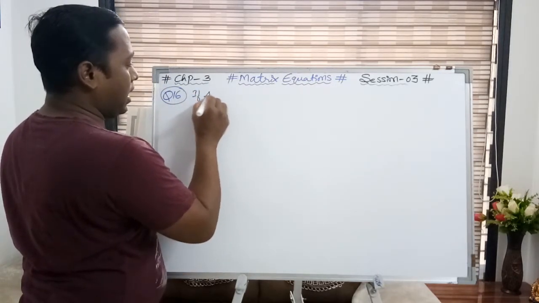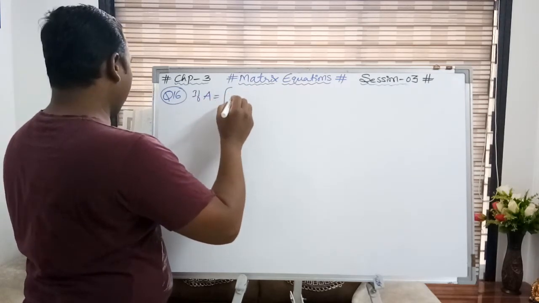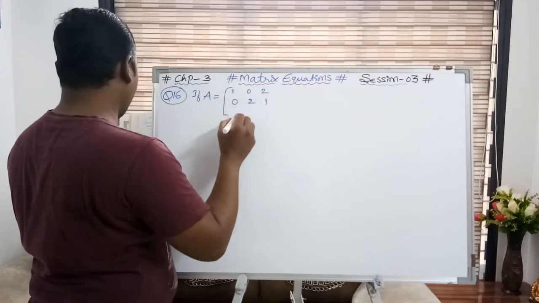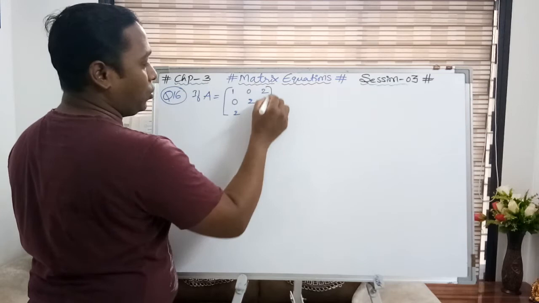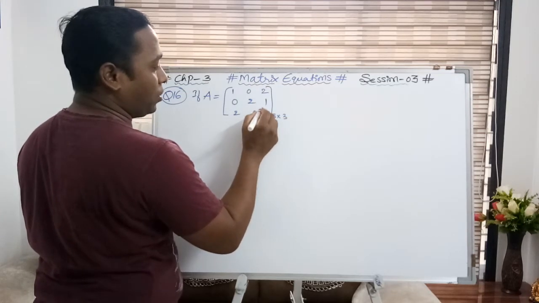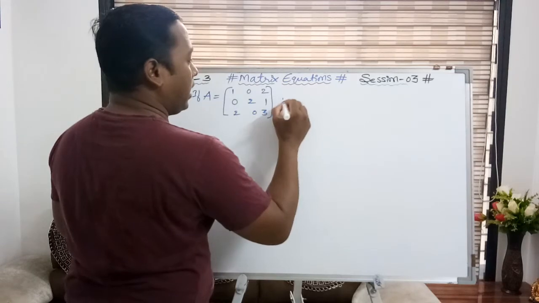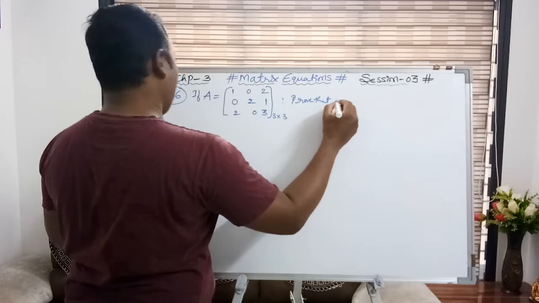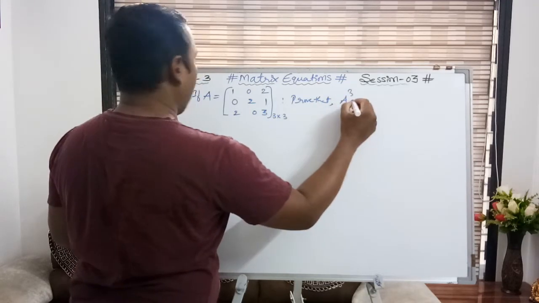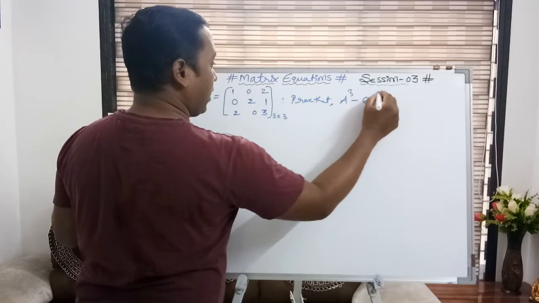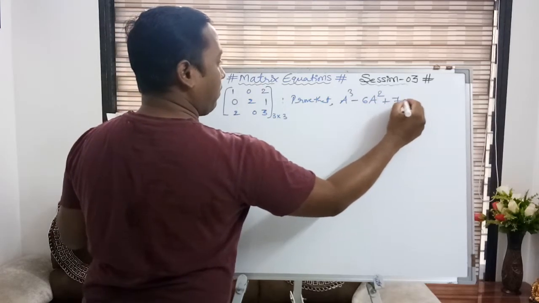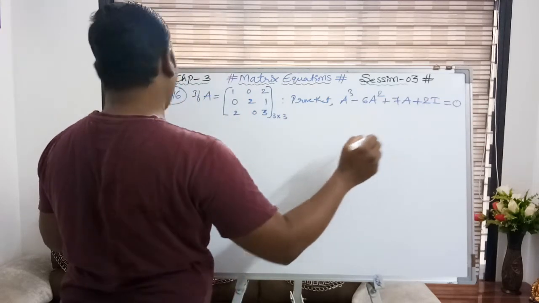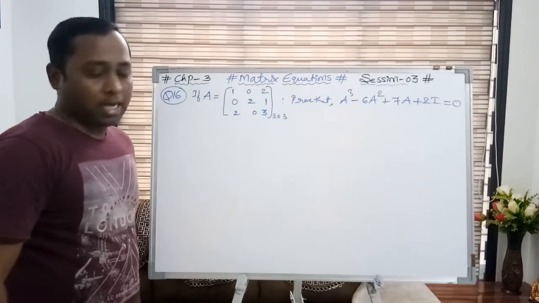If A is a square matrix defined as [1 0 2; 0 2 1; 2 0 3], which is a 3 by 3 matrix, then prove that A cube minus 6A square plus 7A plus 2I equals the 0 matrix.